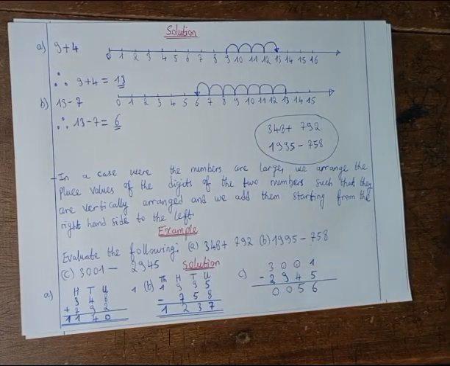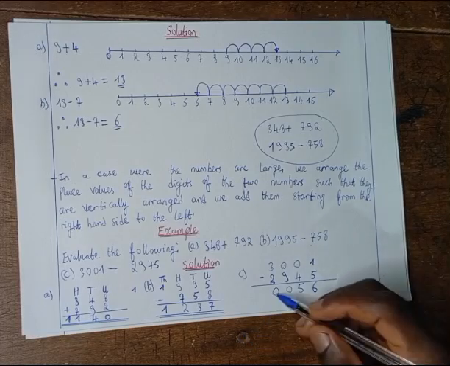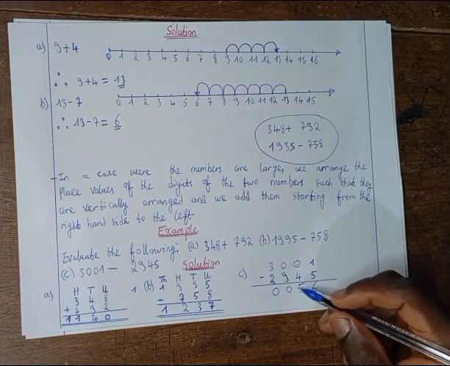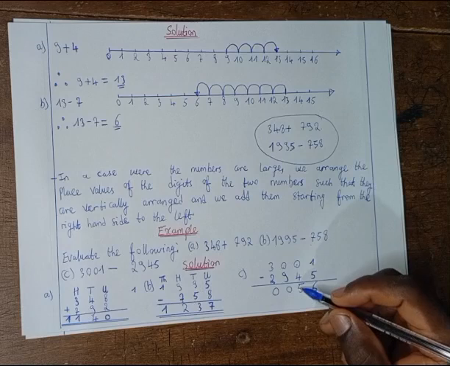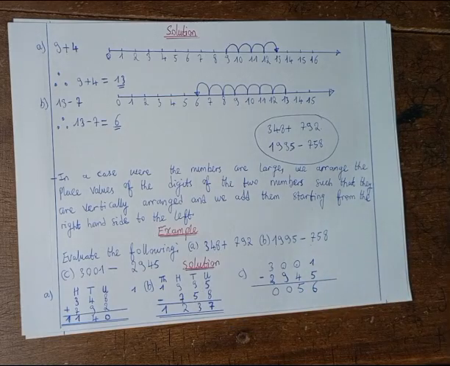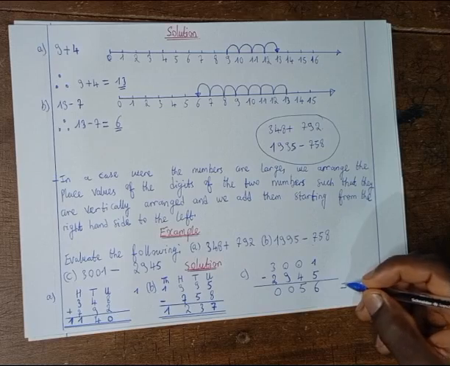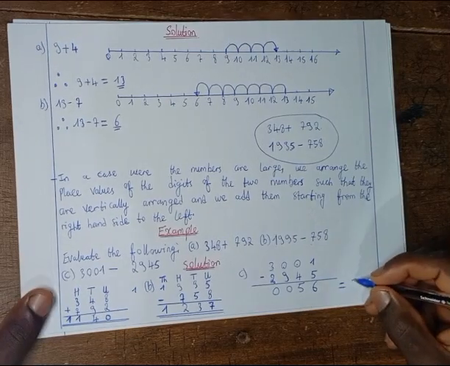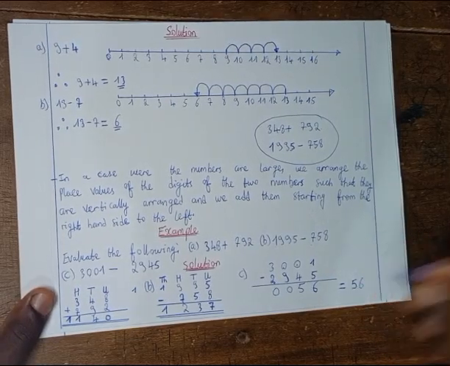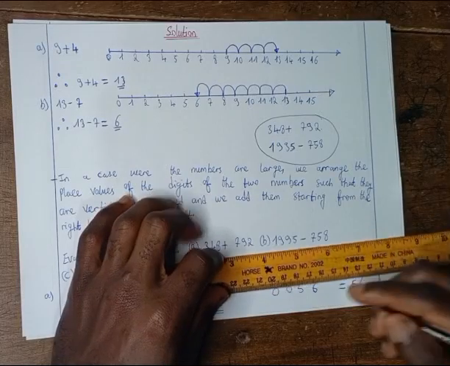We are going to obtain a result of 0056. But these two zeros in front of 56, they have no use. So we are going to dump them. This gives us 56. Let's underline our answer.